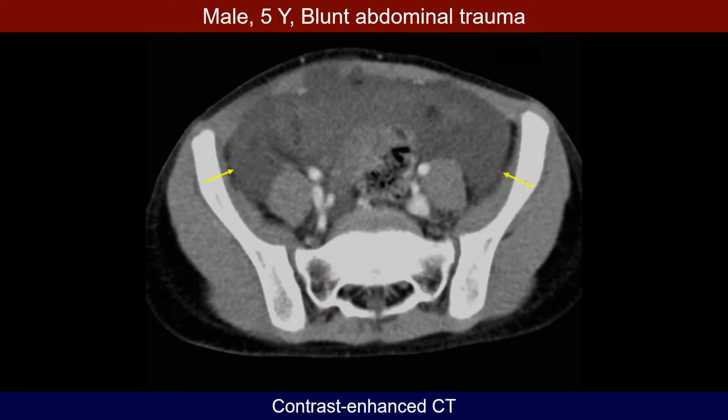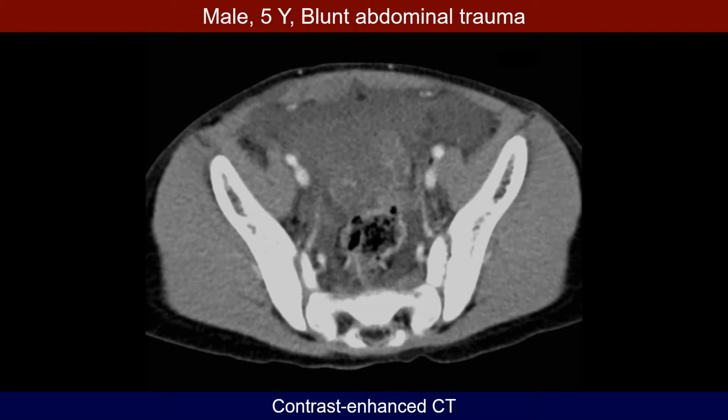The fluid is increasing as we go towards the pelvis, and this raises the possibility of urinary bladder rupture. We start to see the ghost of the injured urinary bladder with a defect at its right anterolateral aspect.